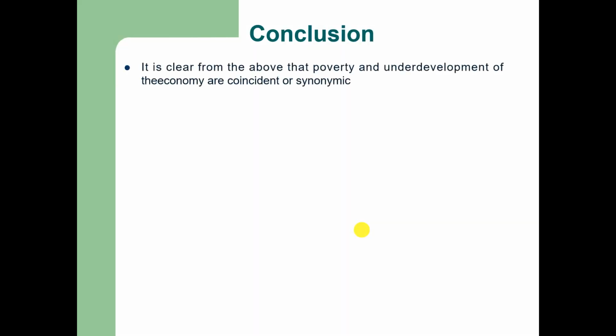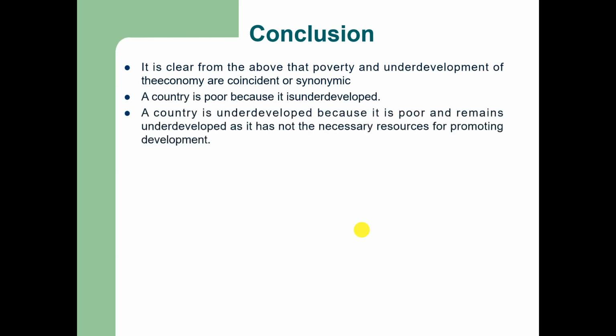Let us conclude. It is clear from the above discussion that poverty and underdevelopment of the economy are coincident or synonymous, and they act and react upon each other. That is, poverty leads to underdevelopment, and underdevelopment causes poverty. So we can say that a country is poor because it is underdeveloped, or it is poor because it is poor.